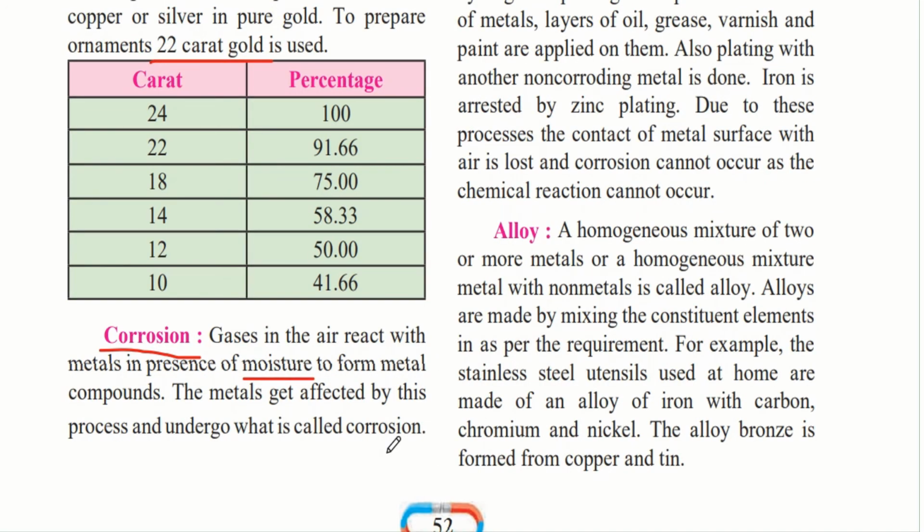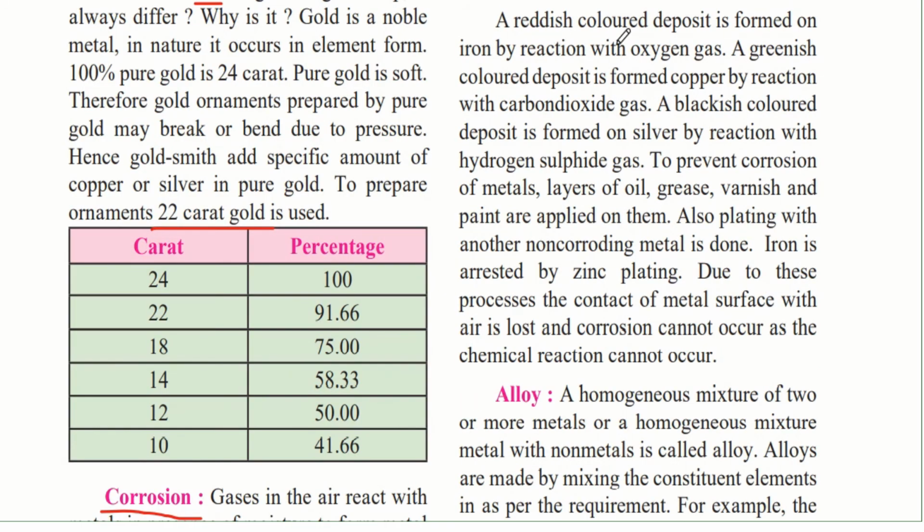You must have noticed the grills on your windows. These are usually made of iron, and if you notice carefully, you will observe that they have become a little reddish in certain areas. This red color is nothing but corrosion that has occurred on the iron surface. A reddish color deposit is formed on iron by reaction with oxygen gas.